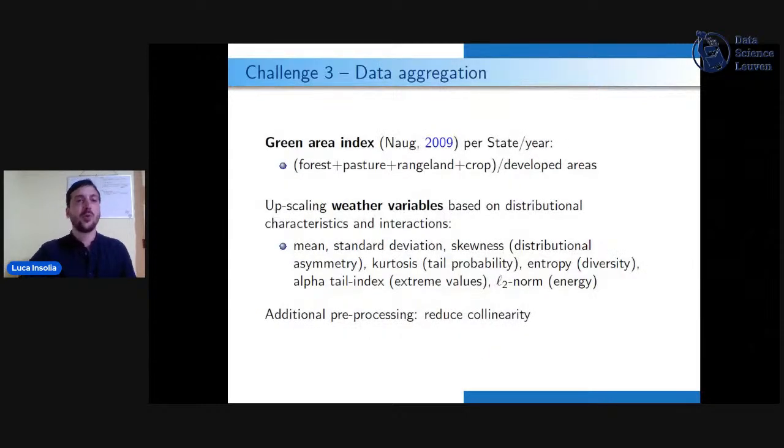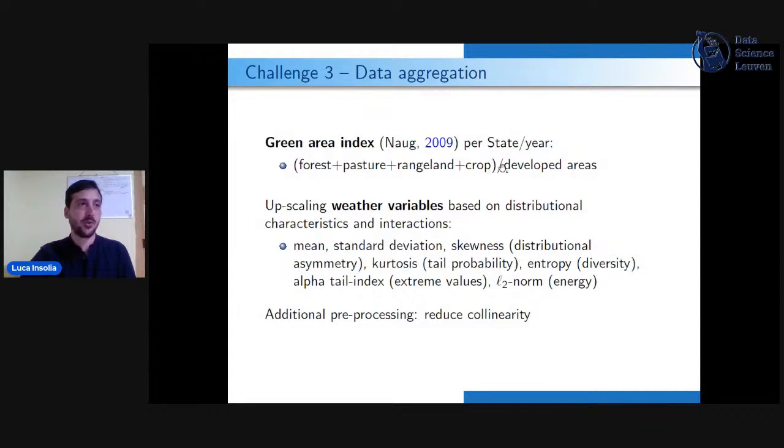So moving on to our third problem, which was about the aggregation phase for data of different spatiotemporal resolution. What we did for land use was quite easy. We followed the approach in the paper of Nog, and we computed the green area index at the state level as follows.